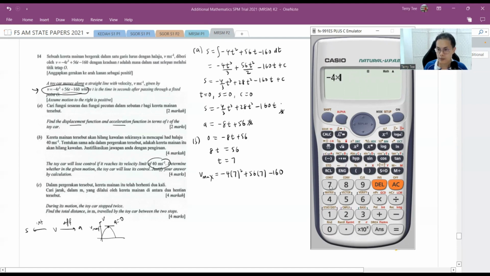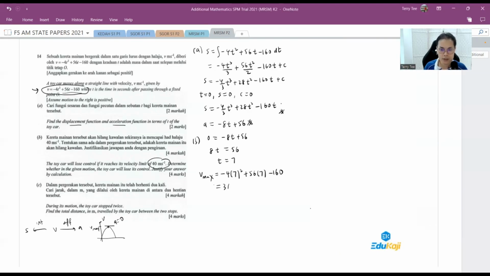Negative 4 times 7 squared plus 56 times 7 minus 160. There you go. My maximum velocity is 36.